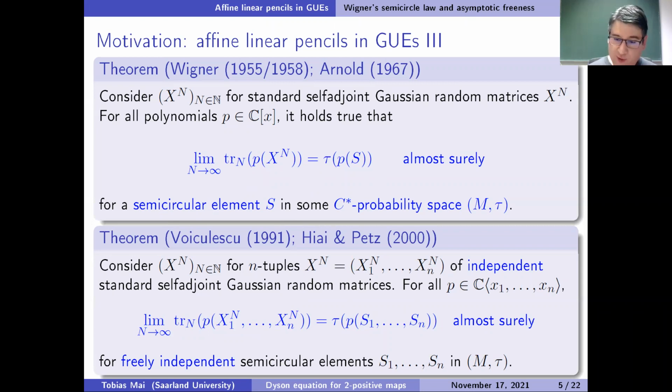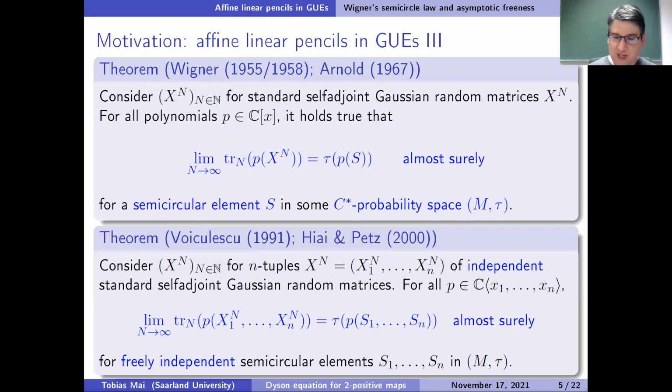And in the limit, I should say this, that the semicircular elements which I get here in the limit, they are not general. They are in somehow general position. They are freely independent. That's somehow the crucial message here, that free independence describes the limiting behavior of independent Gaussian random matrices.